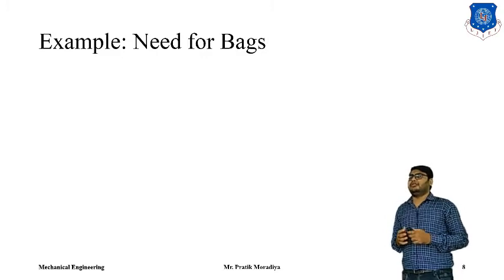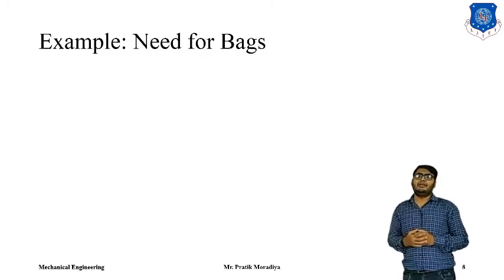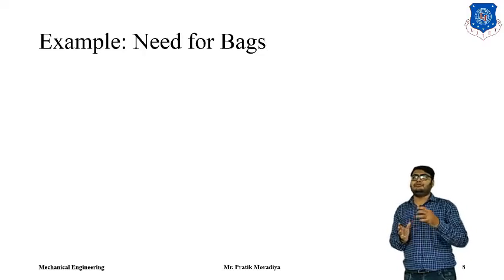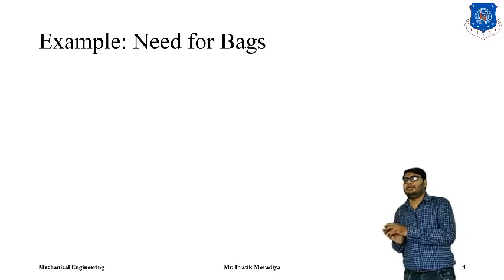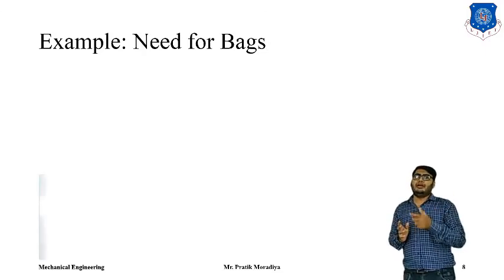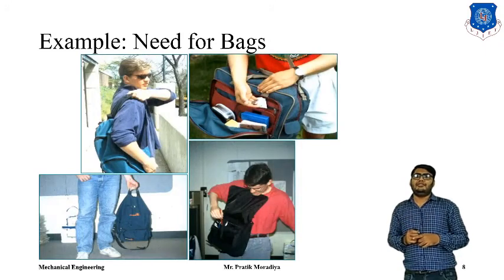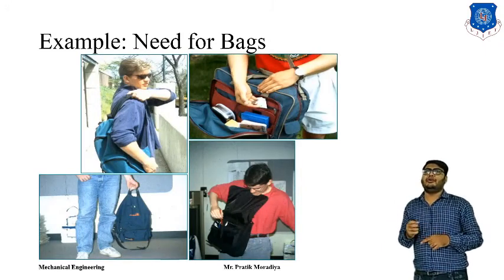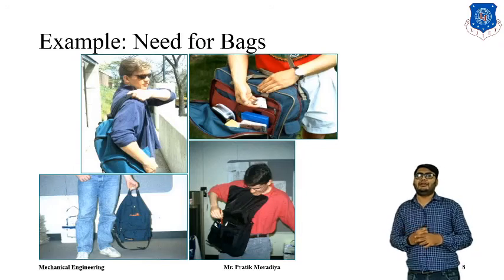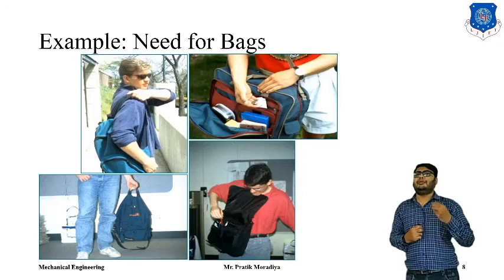Now, to practice how the like and dislike method is used and how to convert those statements into needs, I have given you this exercise in which we are talking about the need of a bag. This has some photographs which will give you some idea about how bags are used.